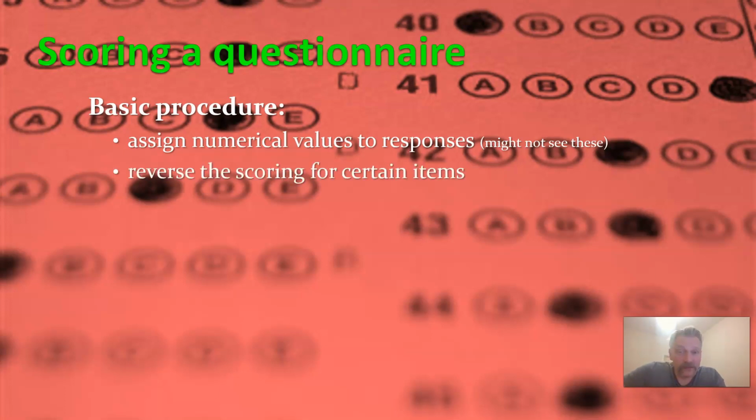Obviously, if you have used any negatively phrased items, then you need to reverse the scoring for this. And I would always say you should only reverse the scoring once your data is actually in a data set, once it's in Jamovi.